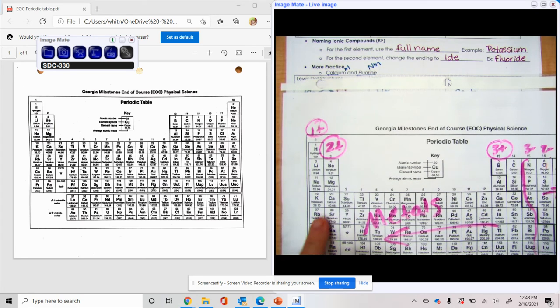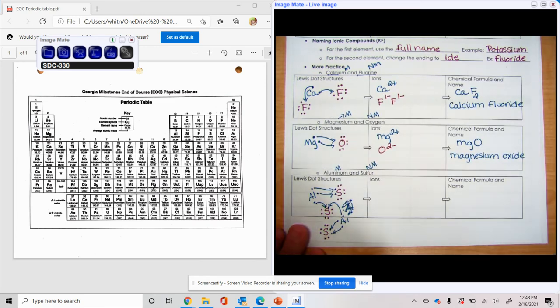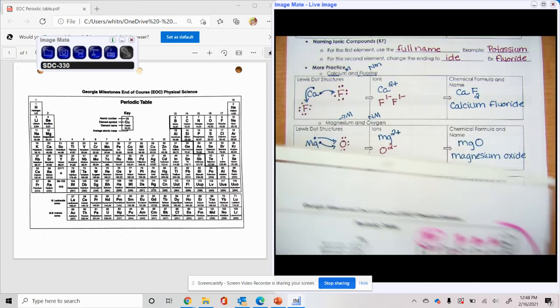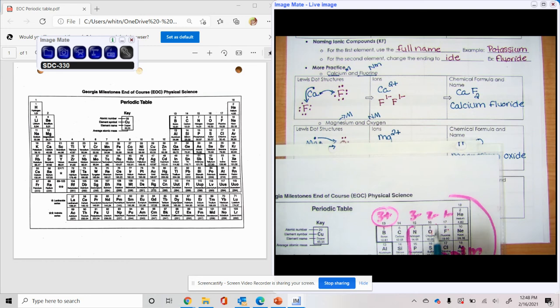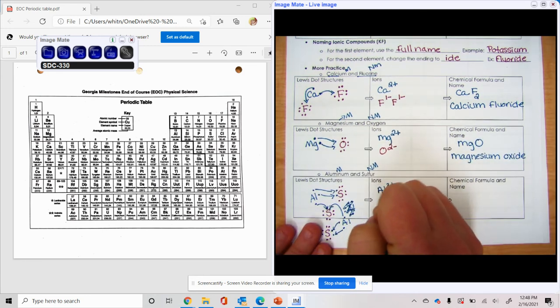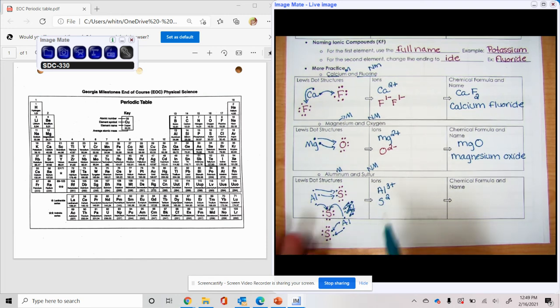Aluminum has a 3 plus charge. Sulfur has a 2 minus charge. All right, now, are these balanced? No, they're not. I've got to figure out a way to balance them. I think things through, okay, I can't make a 3 into a 2, I can't make a 2 into a 3, but I can make them both into 6, so let's check.